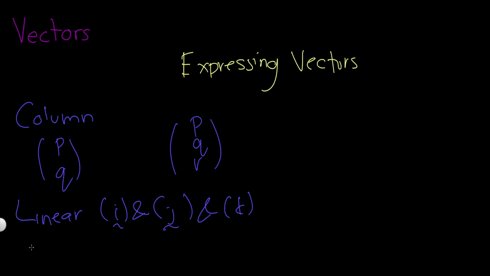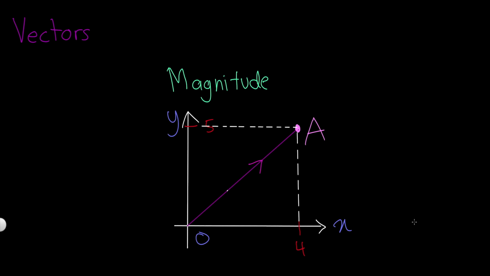We can write it as -2i plus 4j plus 5k, which indicates that I move backward 2 meters, I move to the right 4 meters, and I fly 5 meters up. Alright, so now let's move on to how to find the magnitude of a vector.